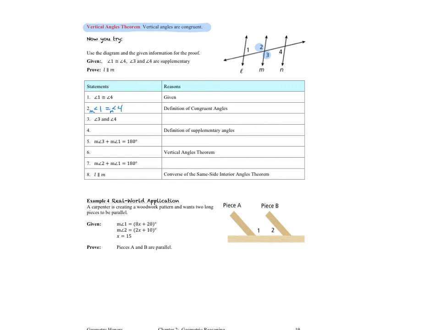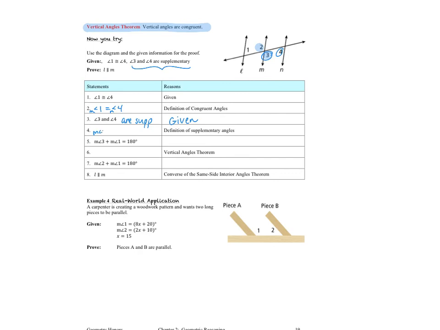This next part should say angle 3 and angle 4 are supplementary. So let's look at that. Angle 3 and angle 4 are supplementary. That was given. So then what do we know about angle 3 and angle 4?